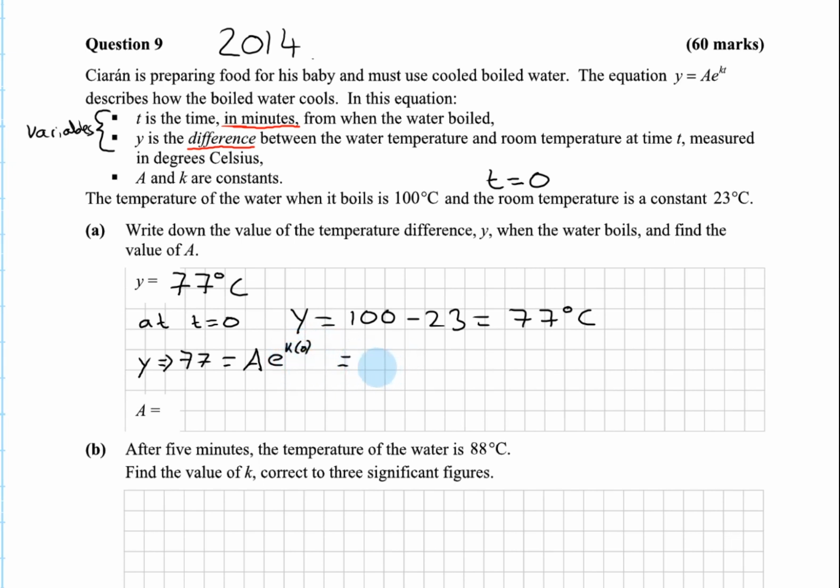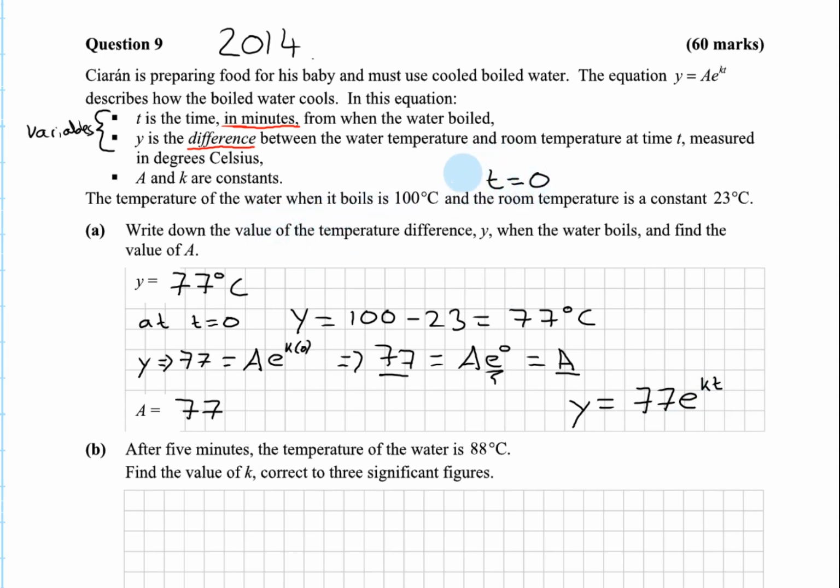So that's the same as saying 77 is equal to A e to the power of 0. And we know that any number to the power of 0 is 1. So 77 is A. So that's nice and easy. So our equation for Y is now going to be equal to 77 e to the KT. So that wasn't really tricky.